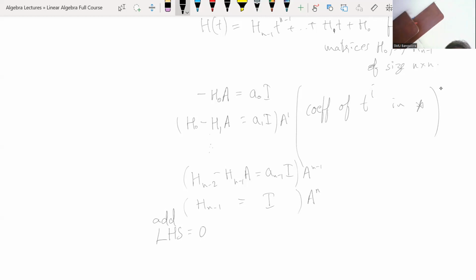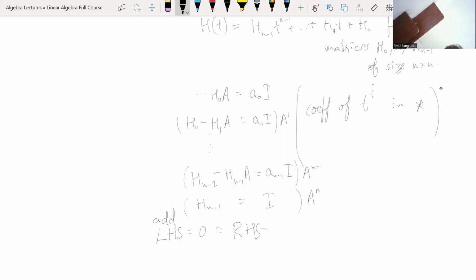So h1 A will get cancelled with the next term in the third row, and h0 A will get cancelled with the first row. So the left hand side is 0 and the right hand side is precisely f of A. Right? 0, which is equal to the right hand side.